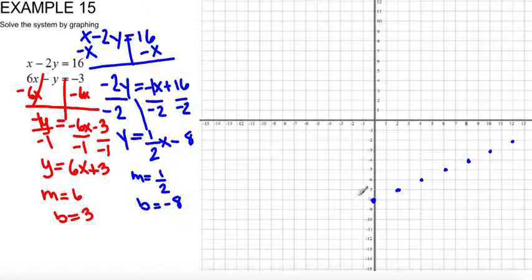I'm going to extend my line and go down 1 to the left 2. I'm going to connect my points.